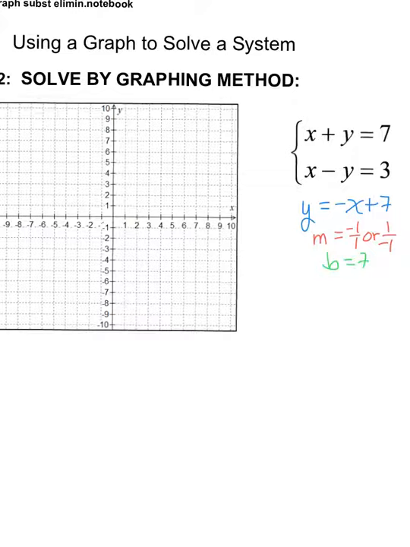So I'm going to start off by graphing 7 on the y-axis, and then I'm going to stair-step my slope: down 1 to the right 1, and up 1 to the left.